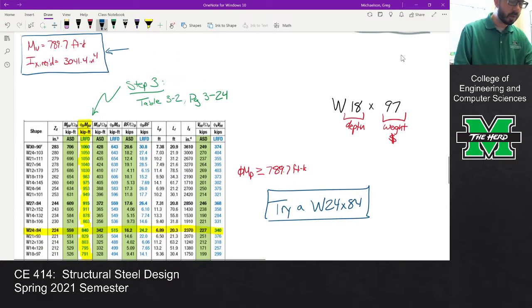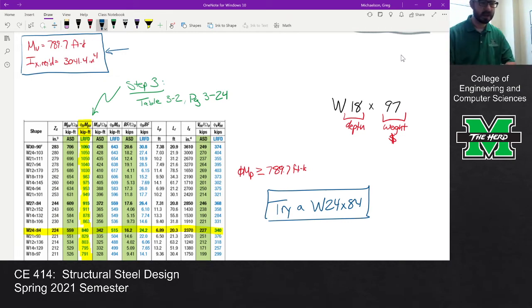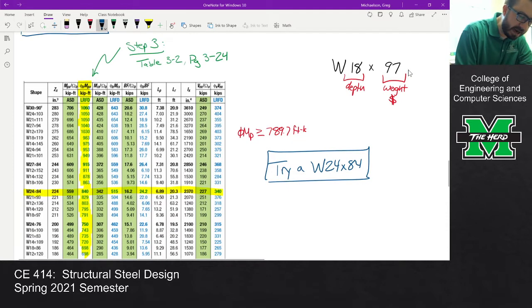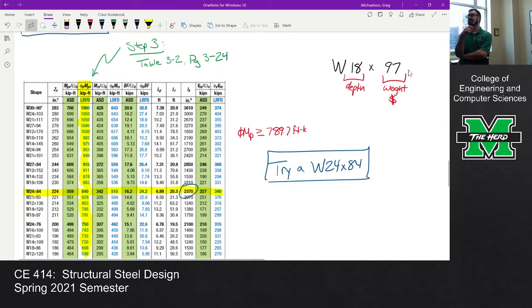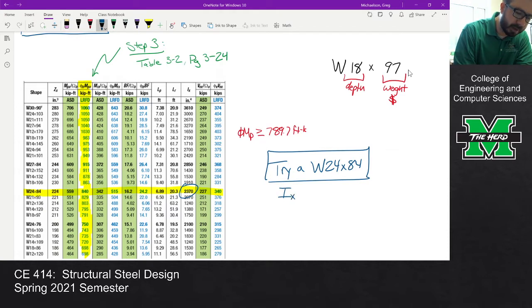Now, we say try a W24 by 84 because we also have to look at the moment of inertia. For a W24 by 84, the moment of inertia IX is 2370, but IX required was something like 3041.